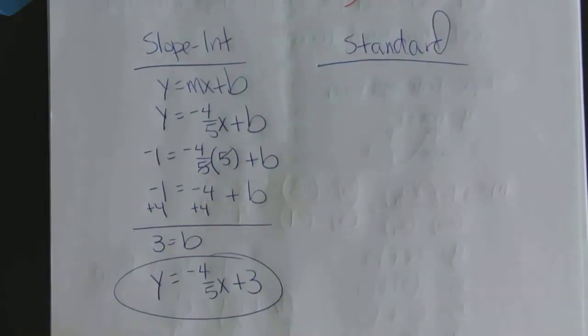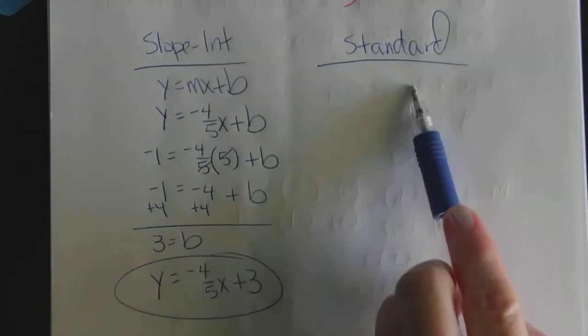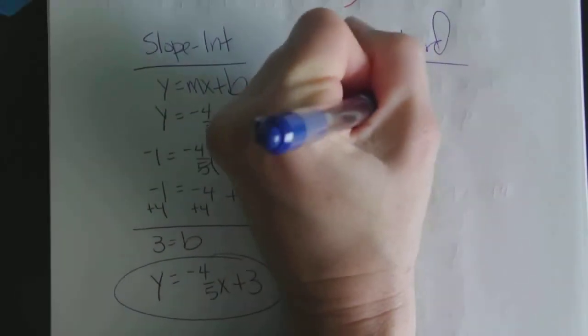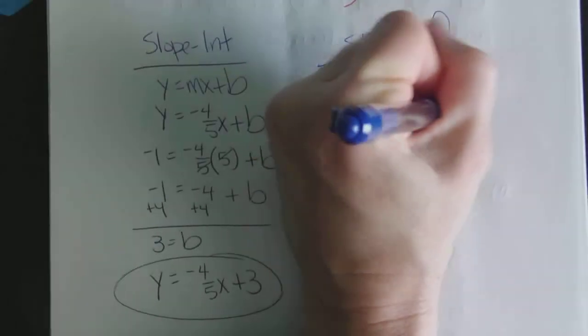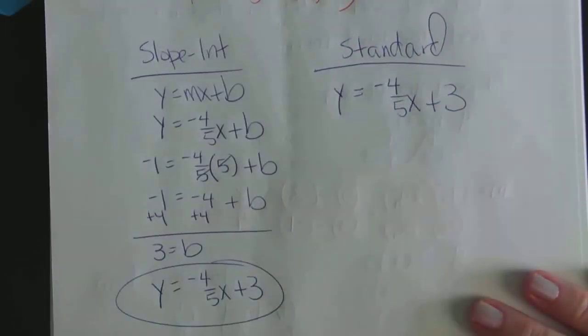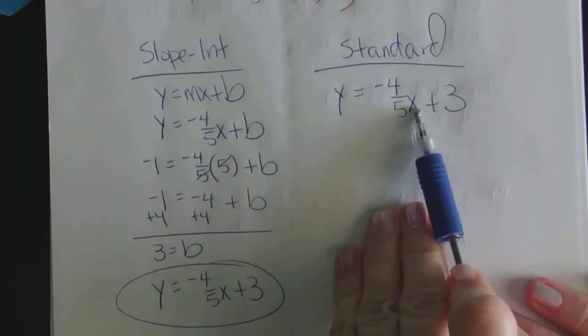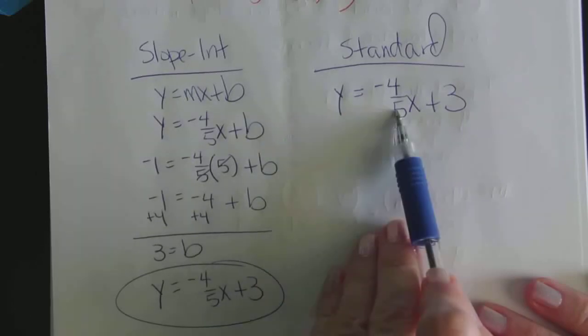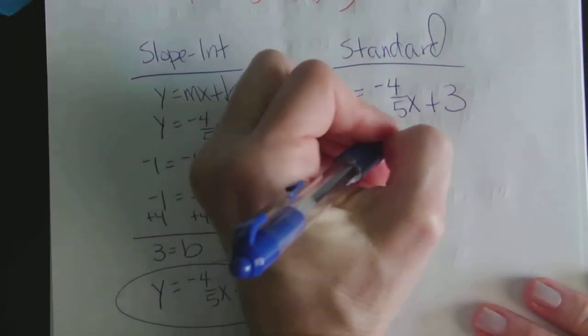Now, standard form, the new guy on the block. All you do, click and drag your slope-intercept up here. y equals -4/5 x plus 3. Okay, step 1. Let's move the x term, right, way on over to the front.